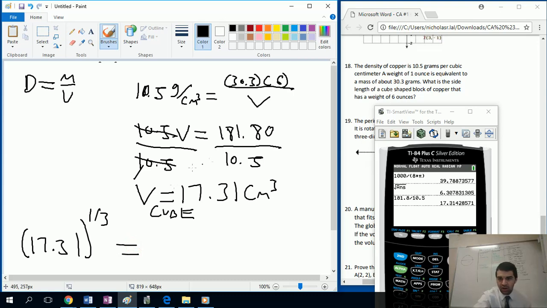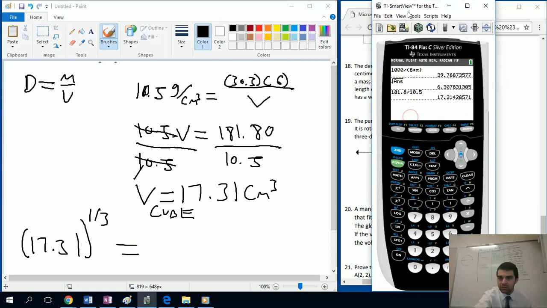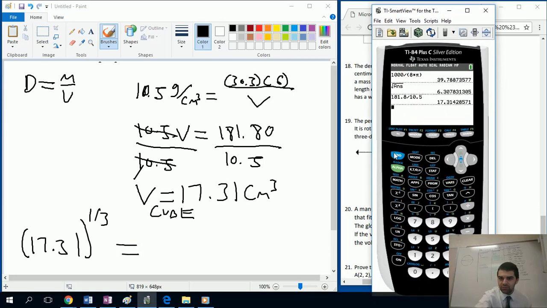So we take our answer, raise that to the 1/3 power, and that's going to give us an answer of 2.58, but that's going to round up to 2.59.